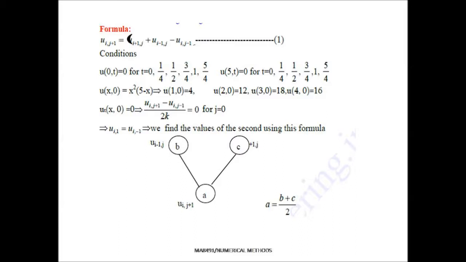Now similarly, by substituting u of 1 comma 0 in the equation x square times 5 minus x, you will be able to obtain the value of u of 1 comma 0 as 4, u of 2 comma 0 as 12, u of 3 comma 0 as 18, and finally u of 4 comma 0 as 16. So to find your u of x comma 0, you are using this formula b plus c by 2.